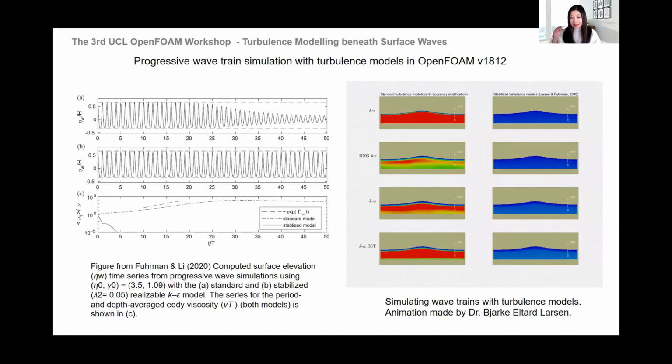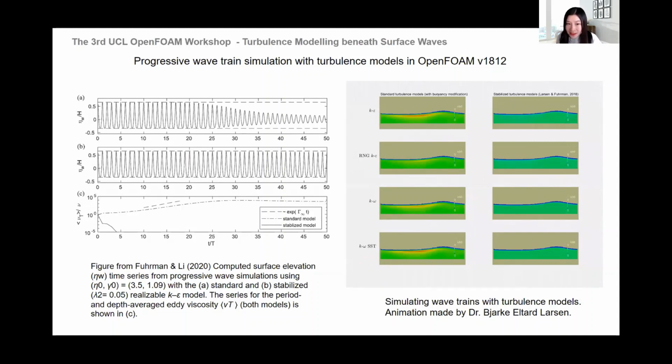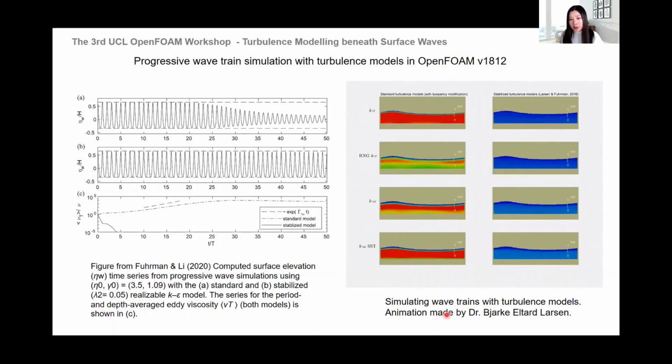Here is an animation simulated by my colleague Dr. Bjarke Larsen using K epsilon, RNG K epsilon, K omega, and K omega SST models. And you can see on the left column is the standard turbulence models, and also with buoyancy modification. So a buoyancy production term is added on to prevent some unphysical pollution at the free surface.